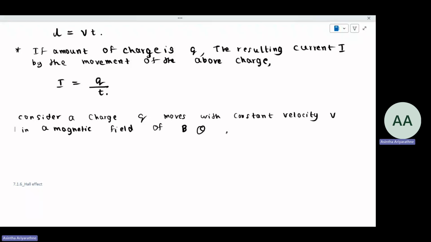Theta is the angle between the direction of the magnetic field and the direction of the conductor.